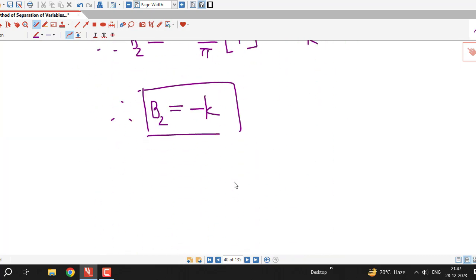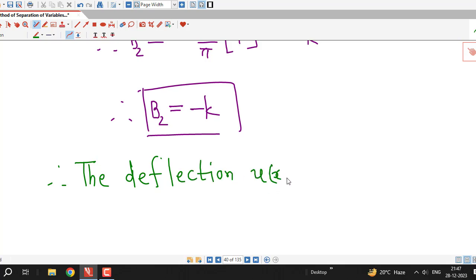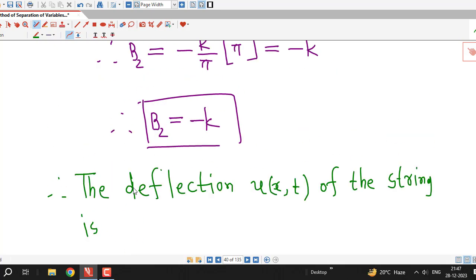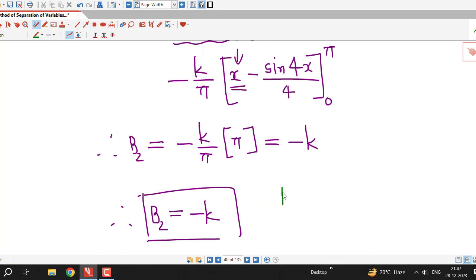So once we obtain this b1 and b2, now we can write down the deflection of the string which is required. Therefore deflection u(x,t) of the string is, we have written the formula, and we have this bn star.